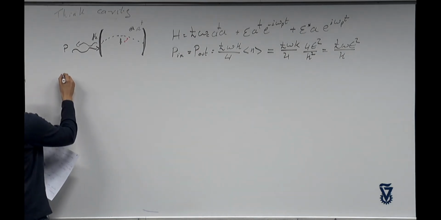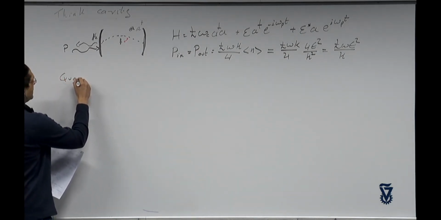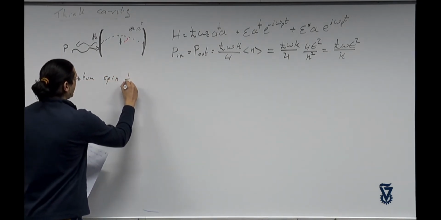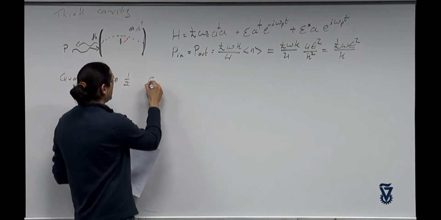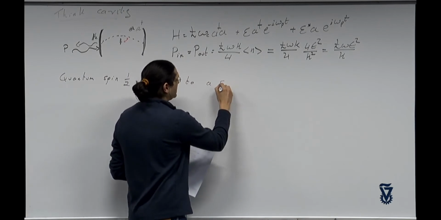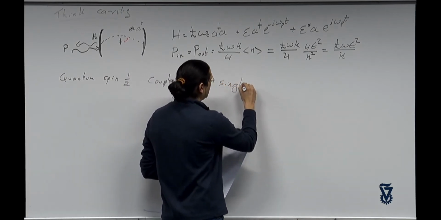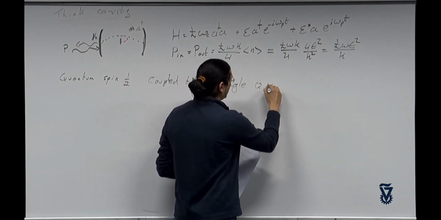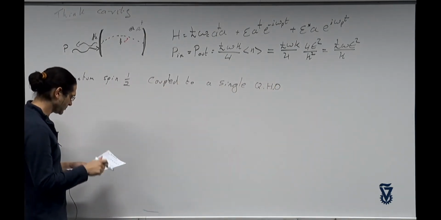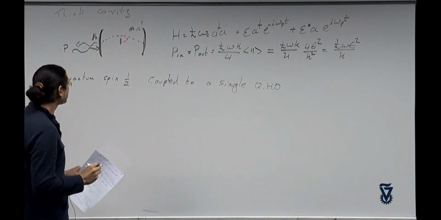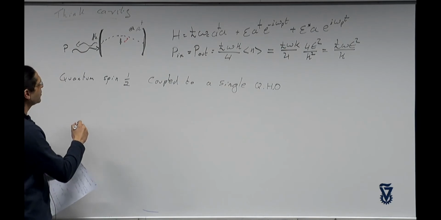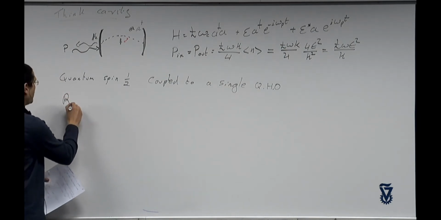Okay, so we're going to be looking at a quantum spin half coupled to a single quantum harmonic oscillator. And we're going to start off with a model that's called the Rabi model.